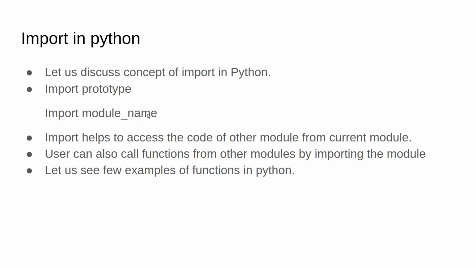Once we import the module name, the corresponding module's different functions are accessible from the given module. So import helps to access the code of other modules from the current module. The user can also call functions from other modules by importing the module. We will see different examples of functions in the next video.